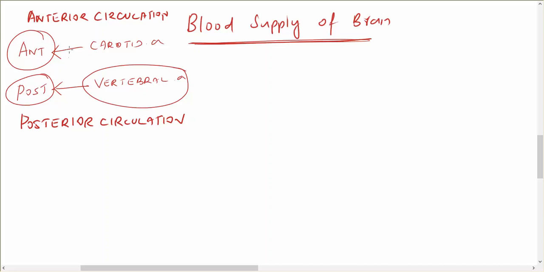These two vessels, which are coming from the anterior side and from the posterior side, are all connected. They both have communication. Once these vessels enter the central nervous system, they stay in the subarachnoid space and give branches to the different parts of the brain.